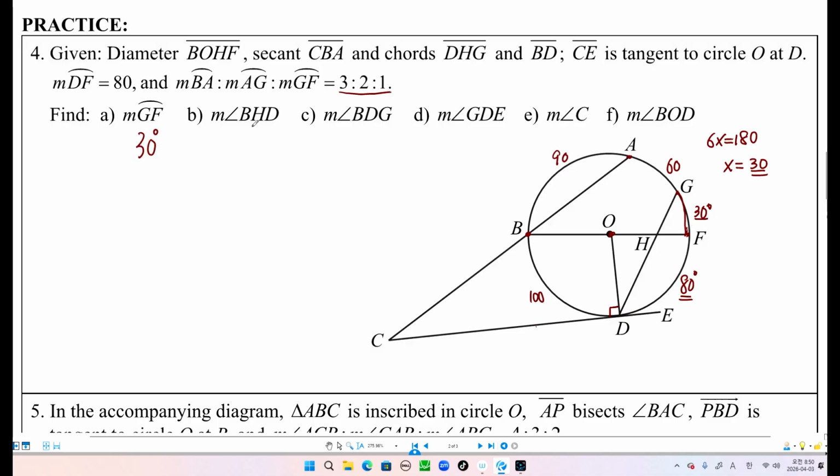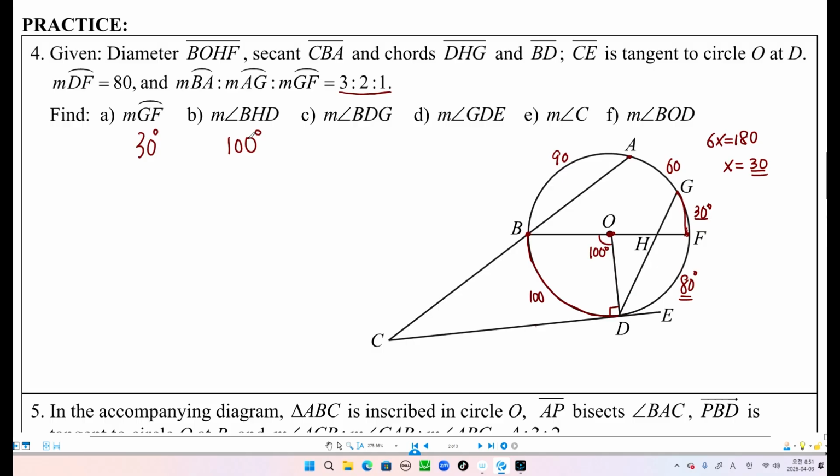Now angle BHD, not arc. BHD is this one. What is it? Actually, this is a central angle, right? The central angle is equal to these numbers, the measurable arc. This is also 100 degrees. Yeah, that is 100 degrees.